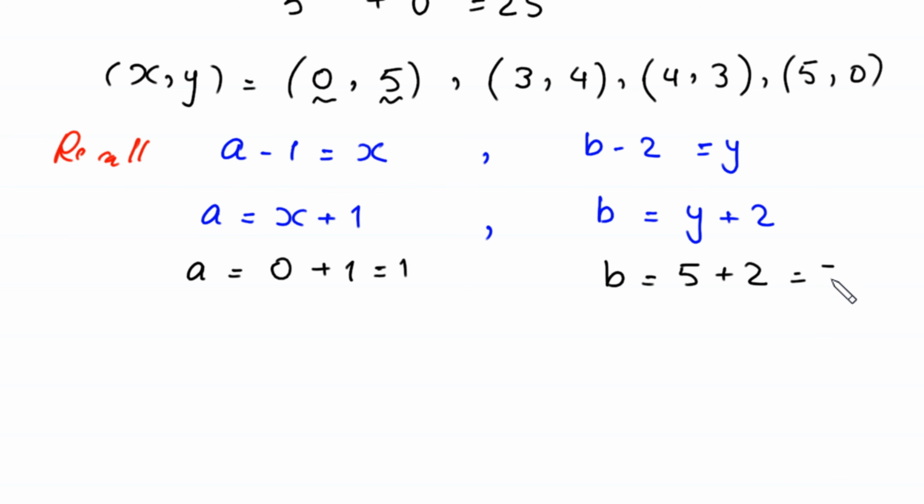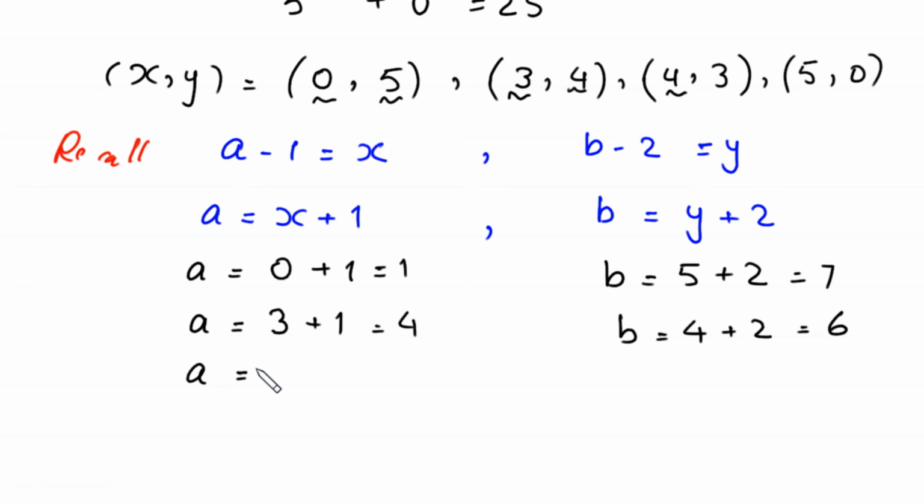and this is equal to 7. And when x is equal to 3, then a will be equal to 3 plus 1 is equal to 4. When y is equal to 4, then b will be equal to 4 plus 2, and this is equal to 6. And when x is equal to 4, then a will be equal to 4 plus 1 is equal to 5.